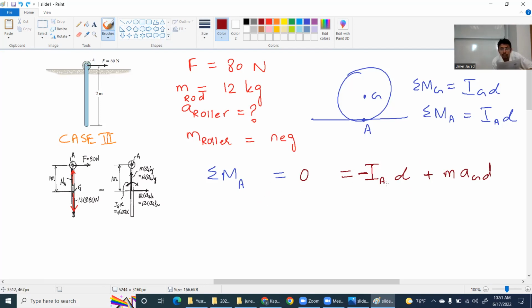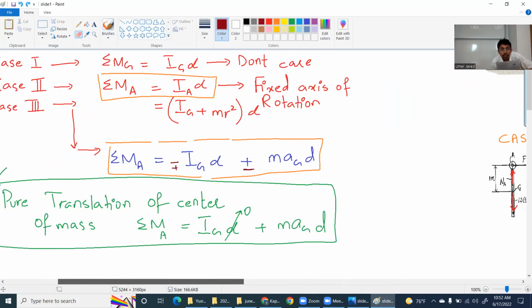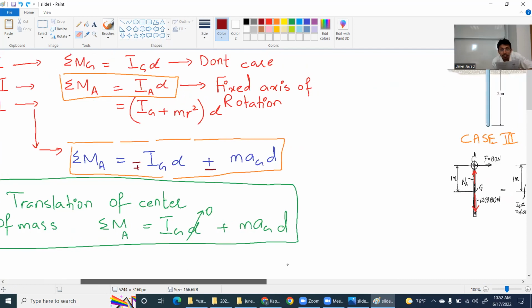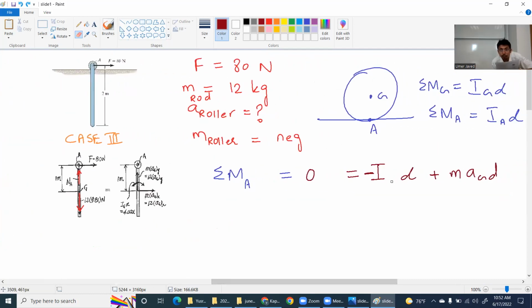Not IA alpha. I apologize. Did I write IG alpha? You see, so easy to make these little mistakes. I made a mistake even copying my case.